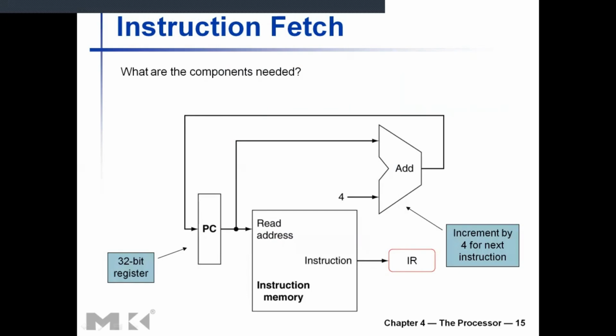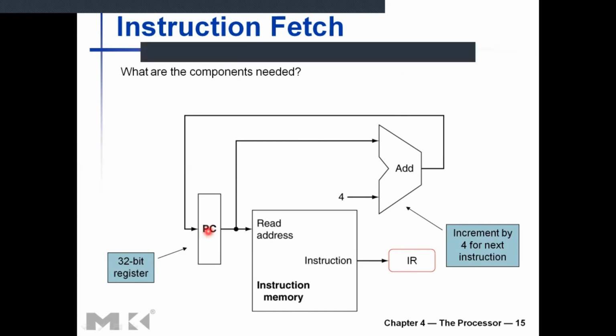Right. So here we have the diagram for the instruction fetch mechanism. We start with the program counter, and the program counter always holds the next instruction's address in the instruction memory. We go to the instruction memory with the address given by PC. It's a 32-bit register, as this diagram says.